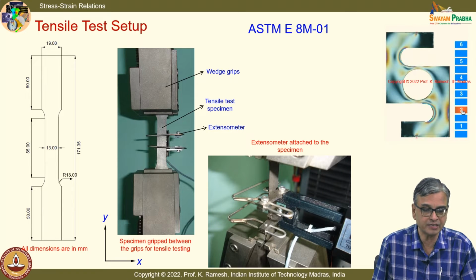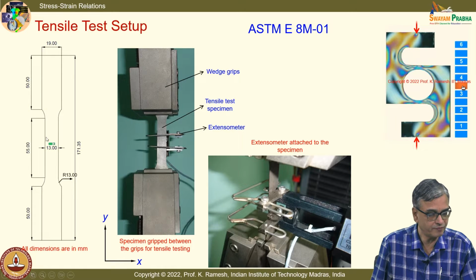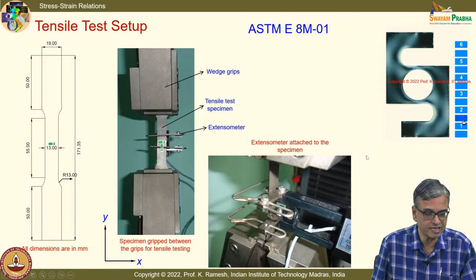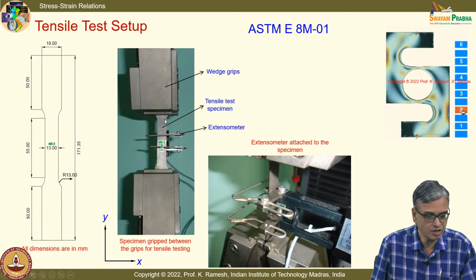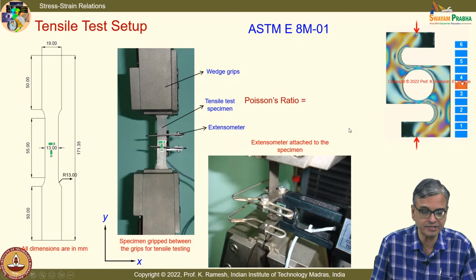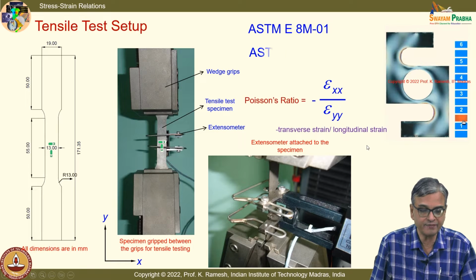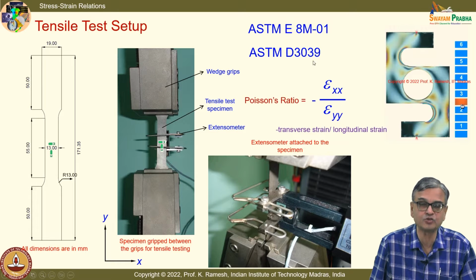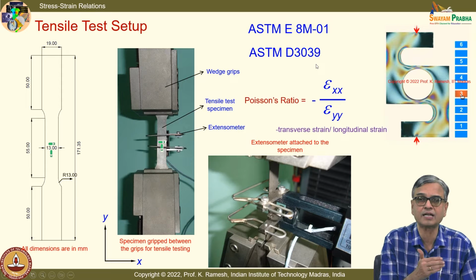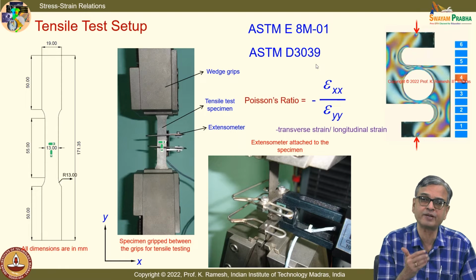So, you have ASTM standards available for this, and one way is to put a strain gauge transverse to the loading, and you measure the strain transverse to the loading and also along the loading direction, and Poisson's ratio is given as minus of transverse strain divided by the longitudinal strain. And you have ASTM standard D3039, which lists out what precautions you need to take to measure Poisson's ratio.